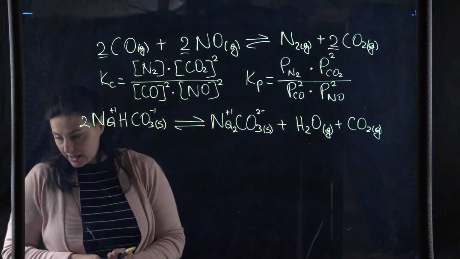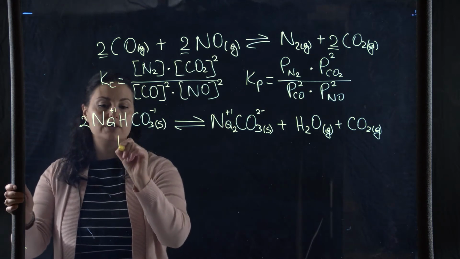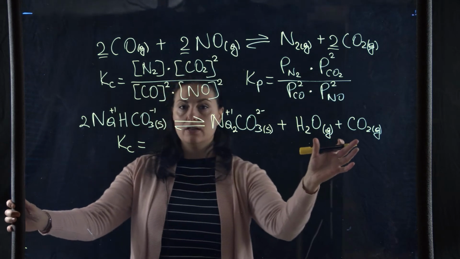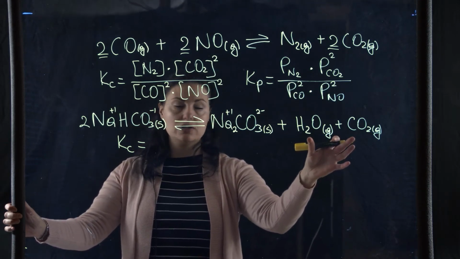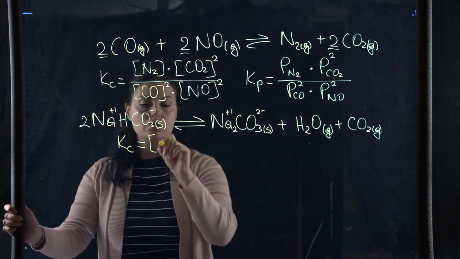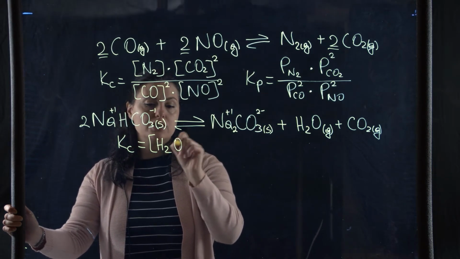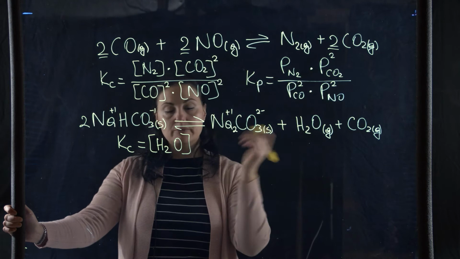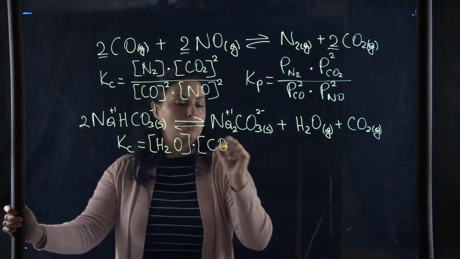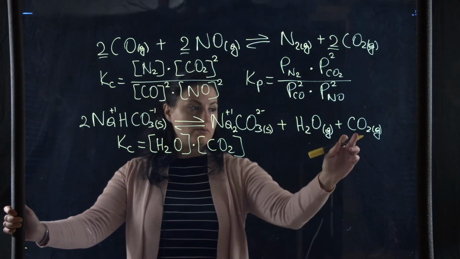I need to write a Kc expression for this reaction. Kc is equal to the molar concentrations of my products, which is the concentration of H2O raised to the first power, times the concentration of CO2 raised to the first power as well.